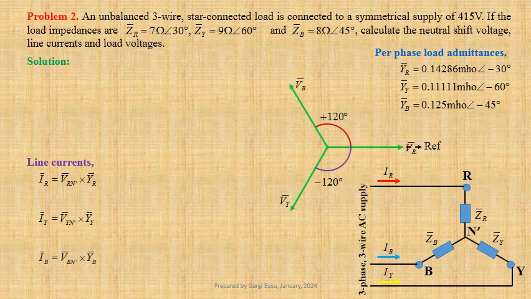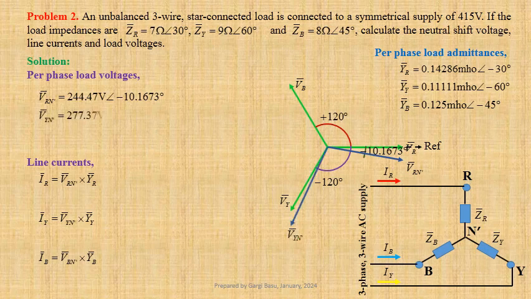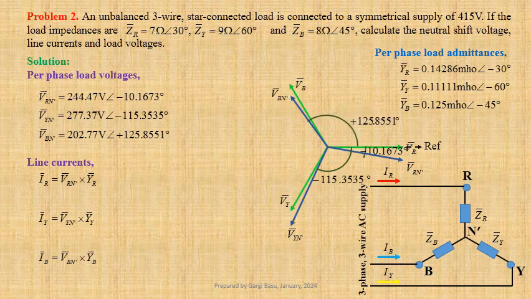We have determined per phase load voltages. Vrn dash equals 244.47 volt at an angle minus 10.1673 degree. Vyn dash equals 277.37 volt at an angle minus 115.3535 degree, and Vbn dash equals 202.77 volt at an angle plus 125.8551 degree.